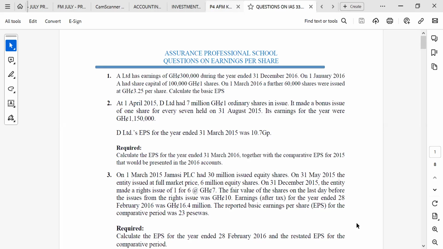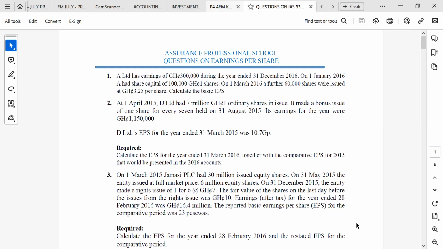Its earnings for the year were 1,150,000 Ghana cedis. Earnings per share for the year ended 31 March 2015 was 10.7 Ghana pesewas. Calculate the earnings per share for the year ended 31 March 2016, together with the comparative earnings per share 2015 that will be presented in the 2016 accounts.